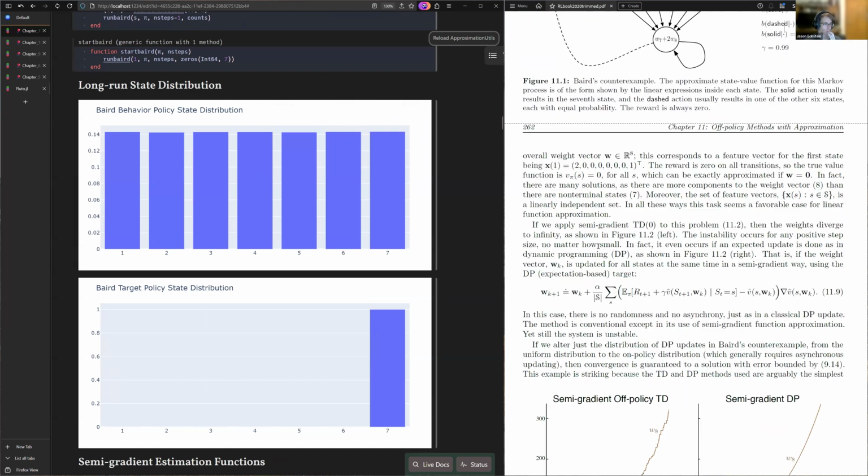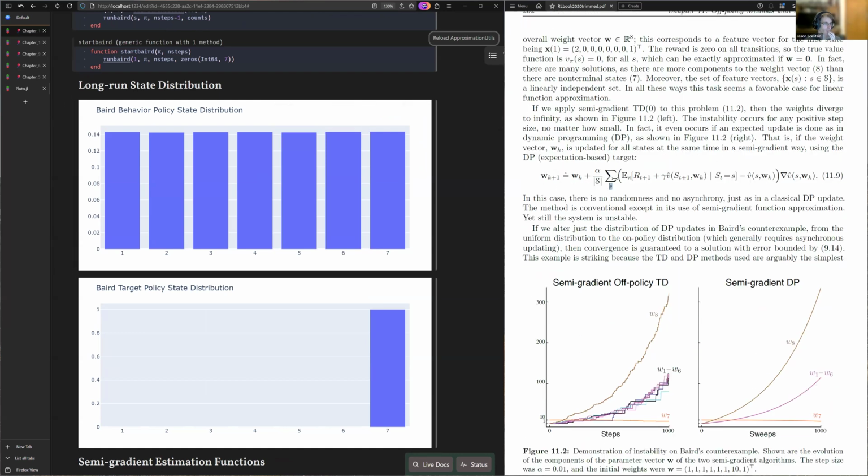So I would say it's not shown in the book, but if you want to do dynamic programming for these approximation cases, another good reason not to do this is that you actually can't do this in general, because the whole point is we don't have the ability to sum over states. And you could also say, well, okay, I will just use the random policy.